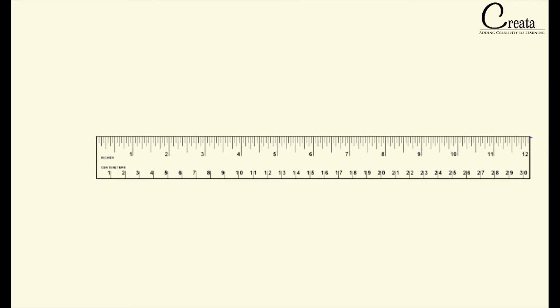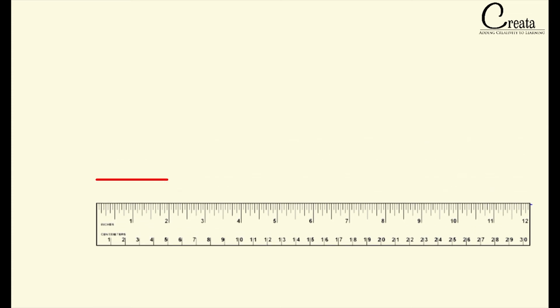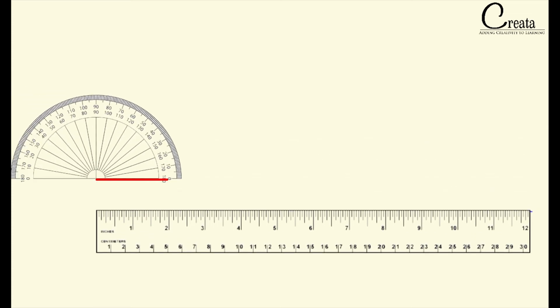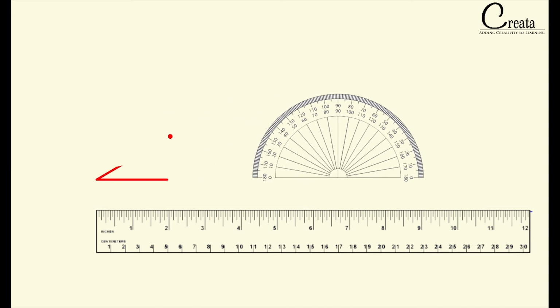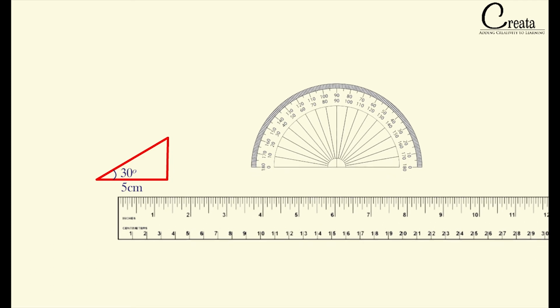Let's draw the first triangle. Take a scale and draw the base of the triangle, say of 5 cm. Then we will use a protractor to draw theta as a 30 degree angle. On drawing a line at 90 degrees, our right angle triangle will be completed. This triangle has a base of 5 cm and angle theta of 30 degrees.